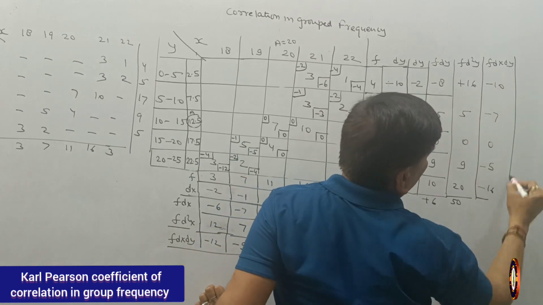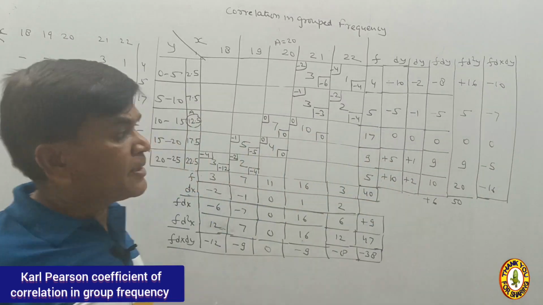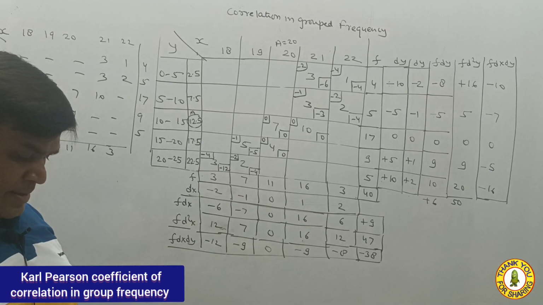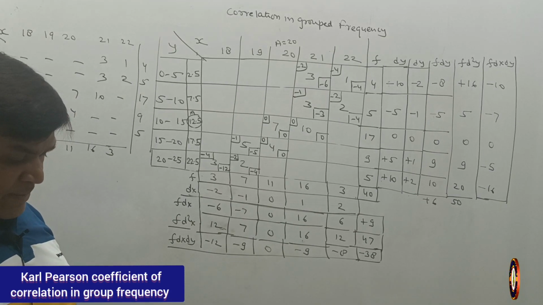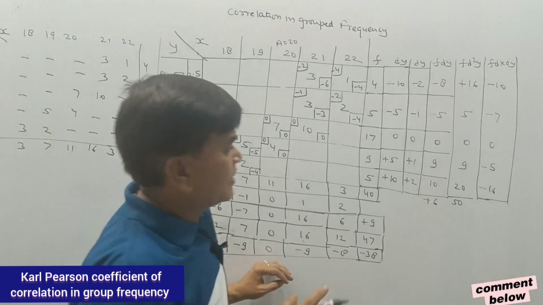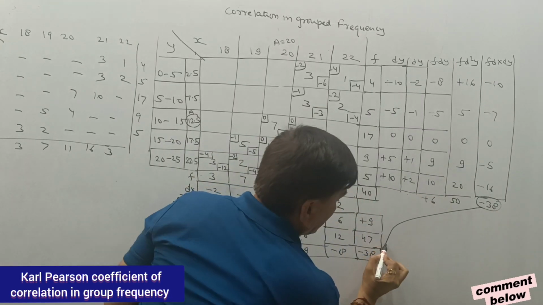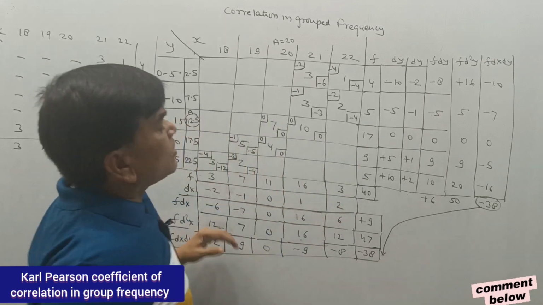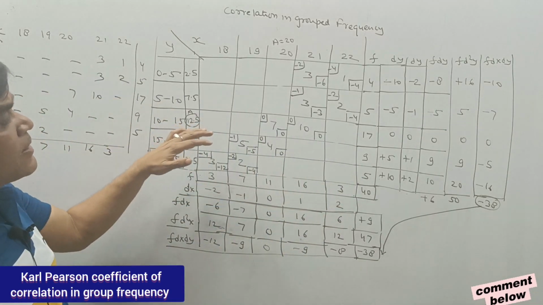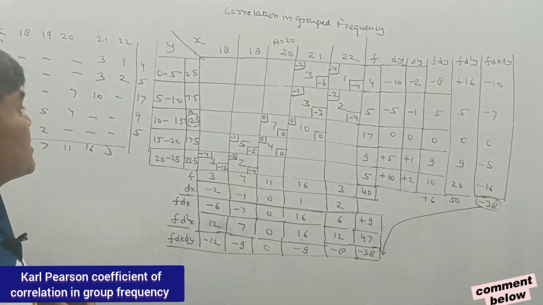So addition of f dx dy, that is 17 plus 21, that is minus 38. So this value is equal to this value. So by putting this, we have calculated all the values required.